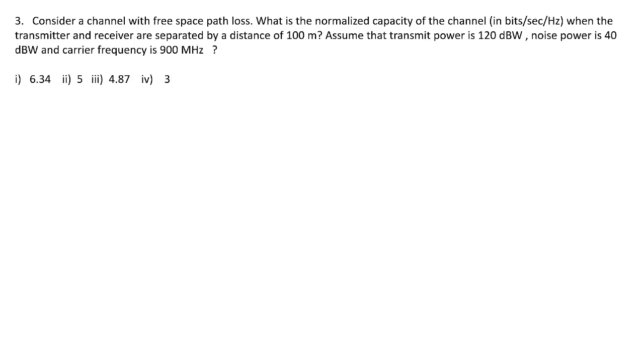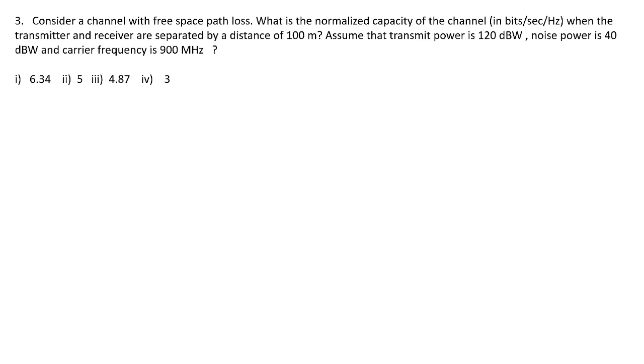So we consider a channel with free space path loss. What is the normalized capacity of the channel? Normalized capacity means here the same thing discussed in the first problem also, capacity per unit bandwidth, which is also called spectral efficiency, when transmitter and receiver are separated by a distance of 100 meter. Assume that transmit power is 120 dBW and noise power is 40 dBW.